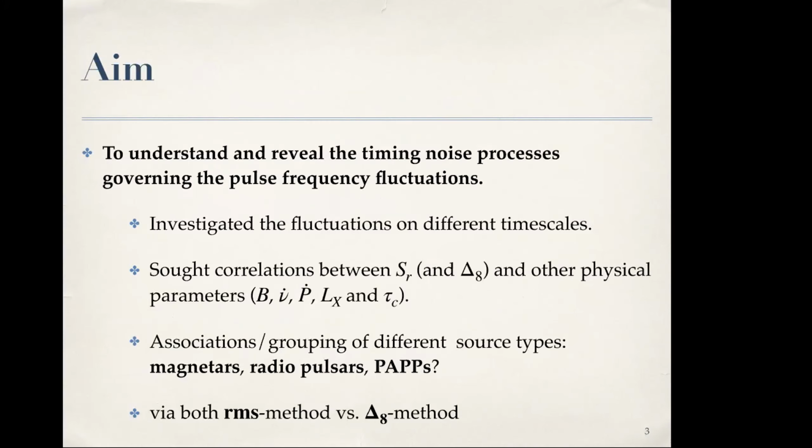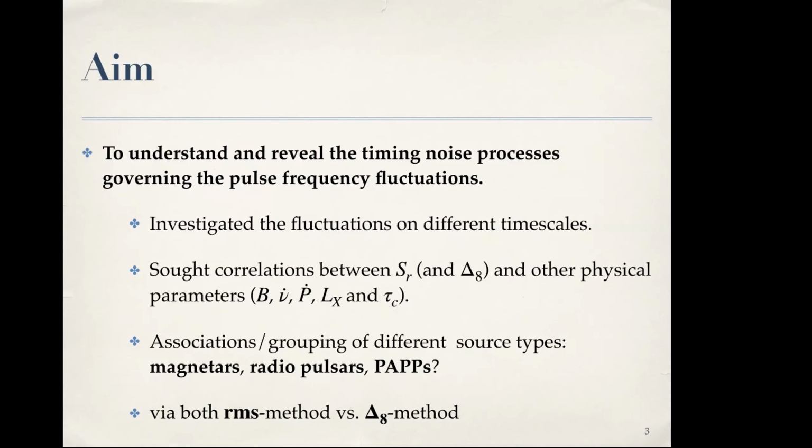Afterwards, the timing noise strength for a similar time span of approximately 1,000 days is used to investigate any possible correlation between timing noise and other physical parameters, such as magnetic field, spin down rate, X-ray luminosity, and the characteristic age. By doing so, we try to investigate how timing noise is related for different pulsar groups, such as magnetars, radio pulsars, and persistent accretion powered pulsars.